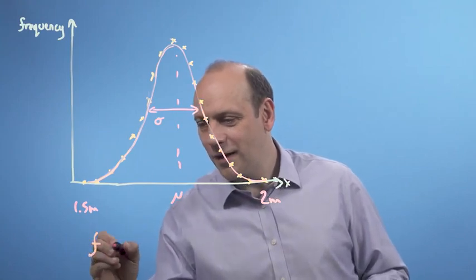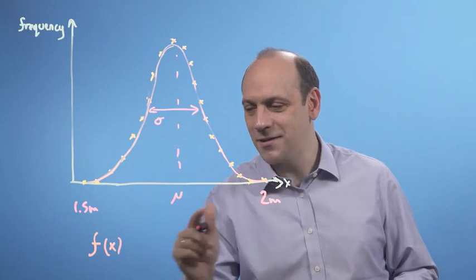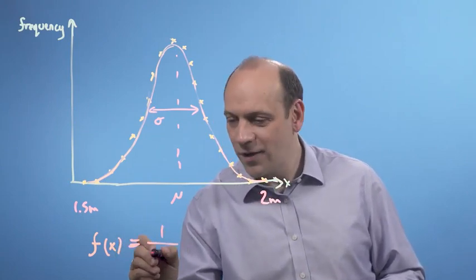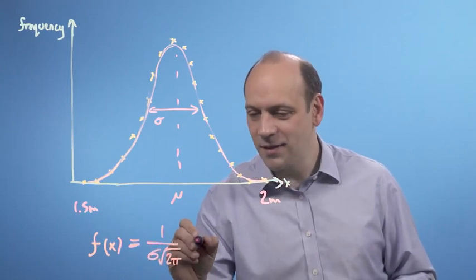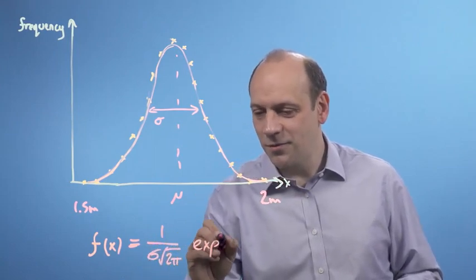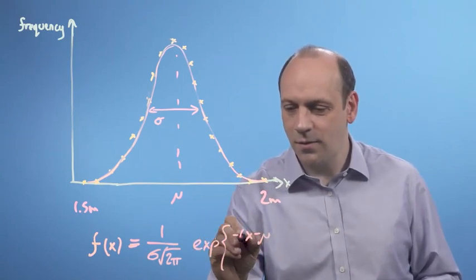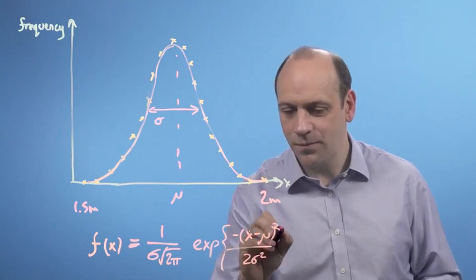I would use an equation like this. I'd call it f of x, some function of x, where x is the height, is equal to 1 over sigma root 2 pi times the exponential of minus x minus mu squared divided by 2 sigma squared.